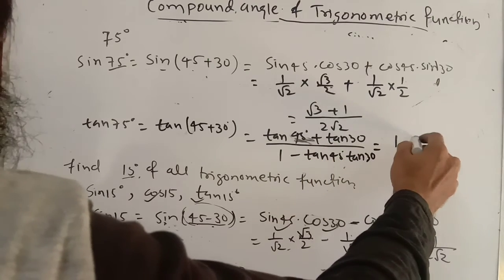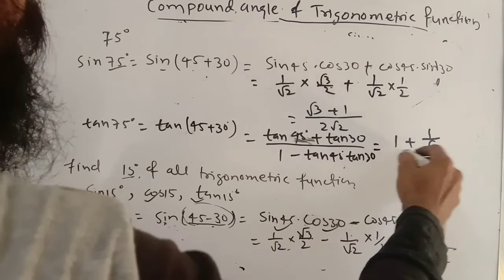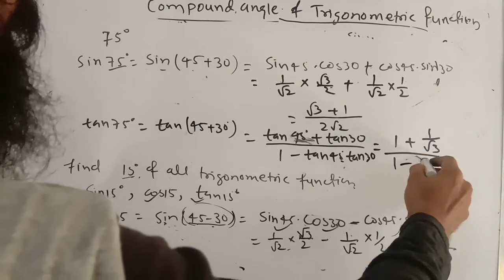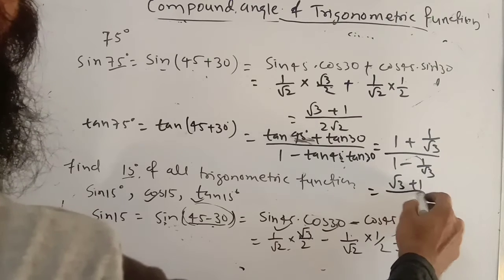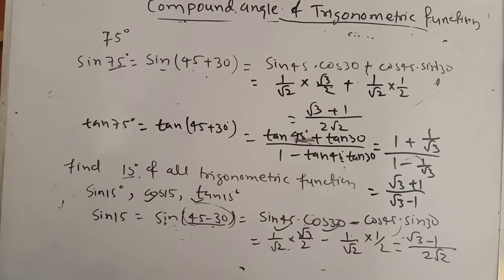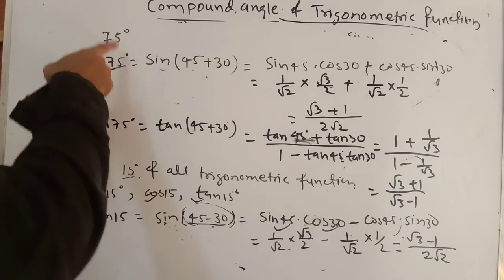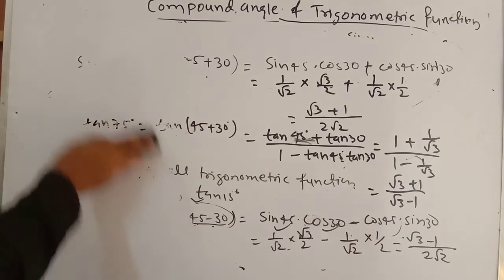So tan 45 is 1 and tan 30 is 1 by root 3, so 1 minus 1 by root 3. After then you can get root 3 plus 1 divided by root 3 minus 1. So with the use of compound angle we can find these angles of trigonometric functions.